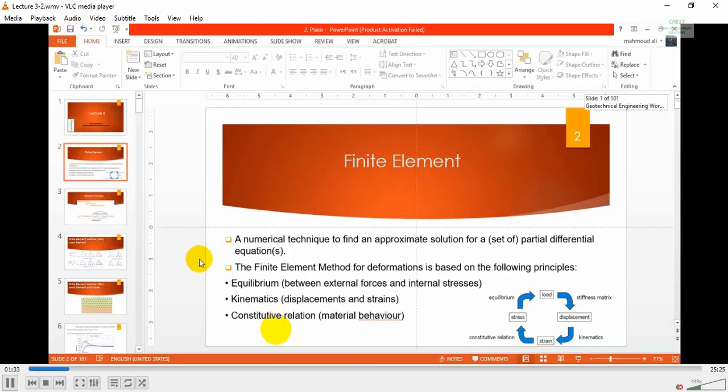Then, the strain is obtained and converted into stresses through the constitutive relationships that describe the material behavior. If the internal stresses and the external loads are in equilibrium, the next step will start. However, if the equilibrium is not satisfied, your simulation will be terminated with an error.